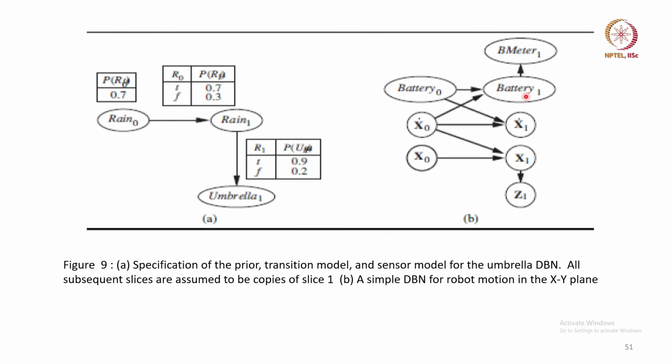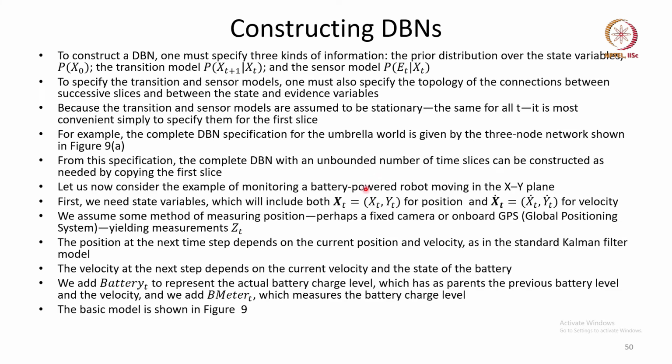The battery at time 1 is influenced by that and the velocity. Then you have the meter of the battery, and this meter is influenced by the battery. So this is the DBN for the robot motion which we are talking about, right?